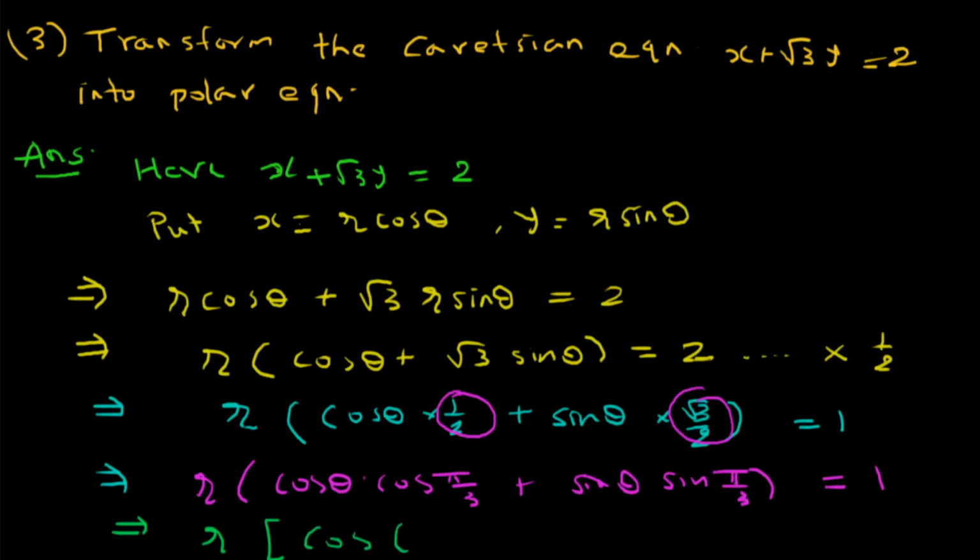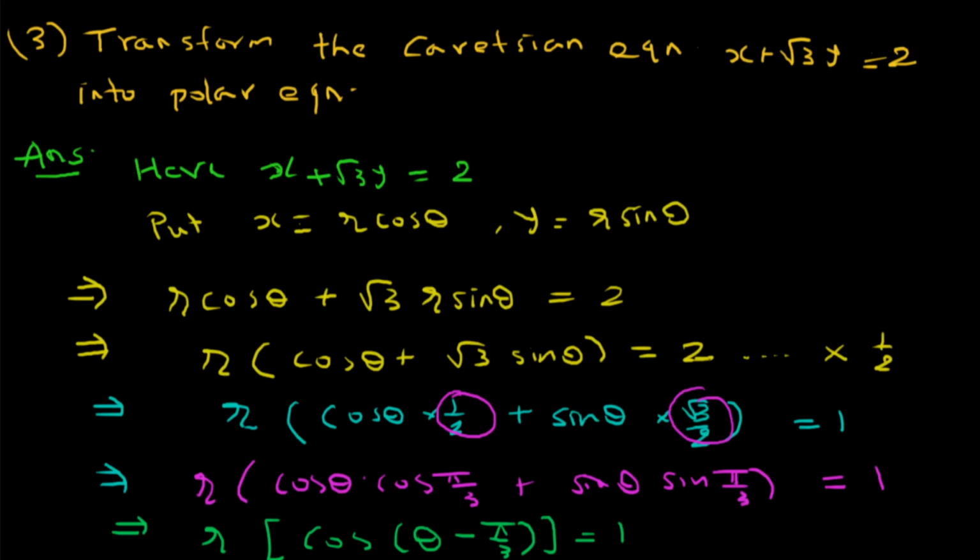So this gives us r cos (theta minus pi by 3) is equal to 1. This is the required polar equation.